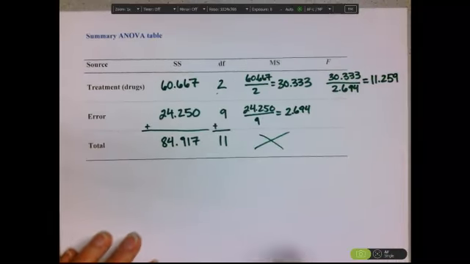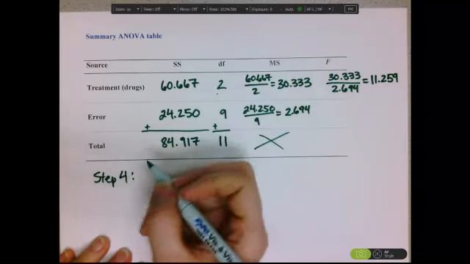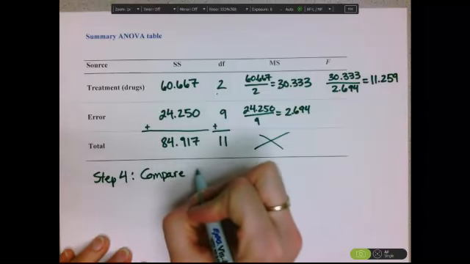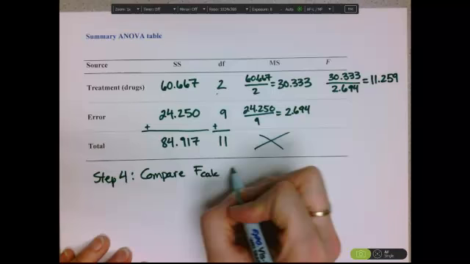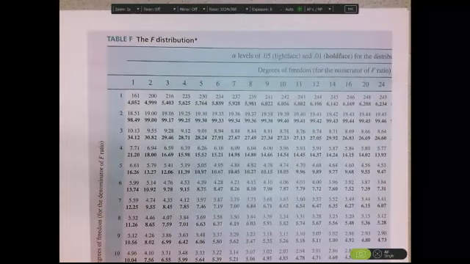And then we need to do step 4, which is to compare our test statistic, so our F calculated, to our F critical, and draw conclusions. So in order to calculate our critical value for F, we need our degrees of freedom for our treatment and our degrees of freedom error.